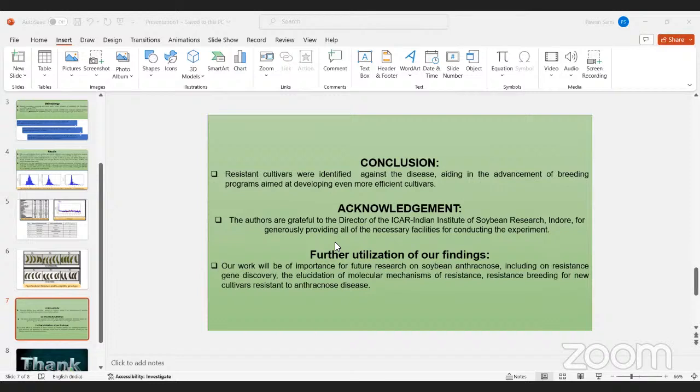They compile them, and they go for genetic screening, genetic evaluation, to find out the real factor behind this resistance, and they will incorporate this resistance factor into new varieties by different breeding programs and generate new cultivars.